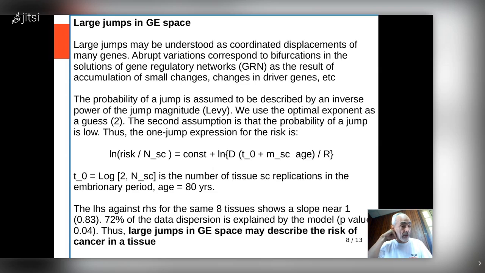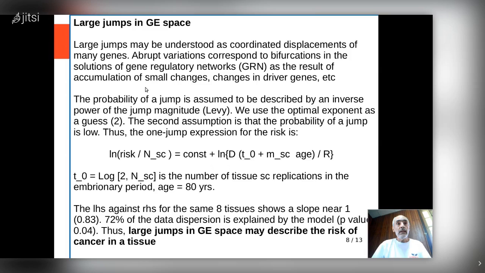This is of course the result of the existence of regulatory networks in genes. In fact, genes do not act independently; they interact, and as a result, these large jumps are possible.